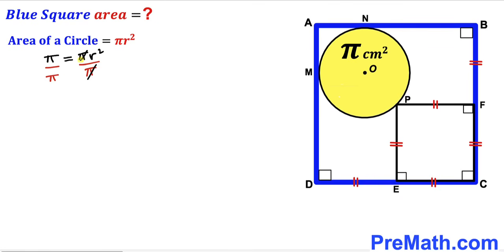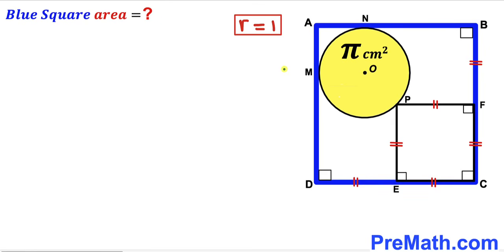This pi and pi is gone, so therefore r square value turns out to be equal to 1. Now I'm going to undo this square by taking square root on both sides. So therefore our lowercase r radius value turns out to be positive 1 centimeter. So thus the radius of this yellow circle turns out to be equal to 1 centimeter.